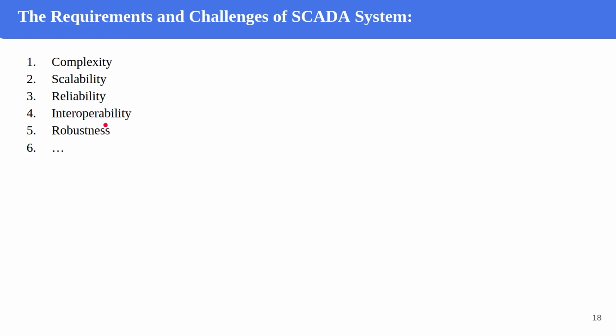Then we have interoperability, which is a property referring to the ability of devices and systems and organizations to work together, actually interoperate. A major disadvantage of typical SCADA systems is their inflexible, static, and often centralized architecture, which largely restricts the interoperability and extensibility of future SCADA systems.